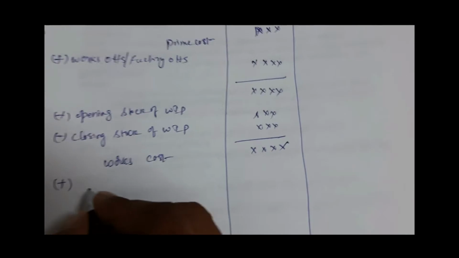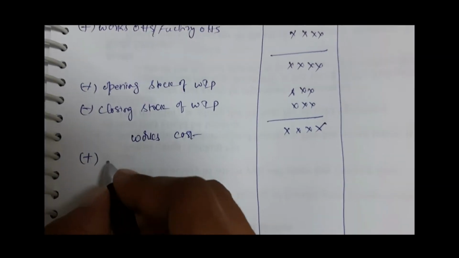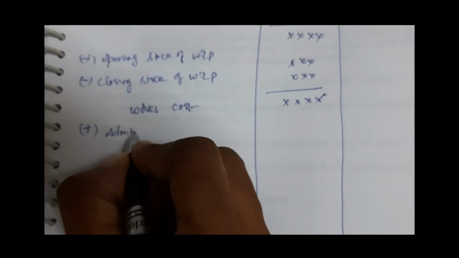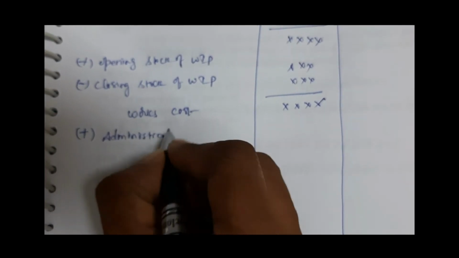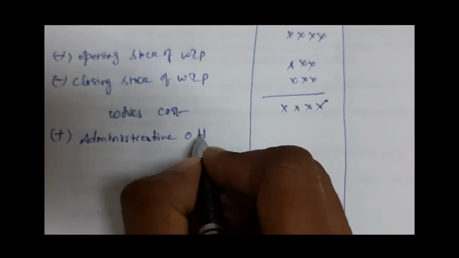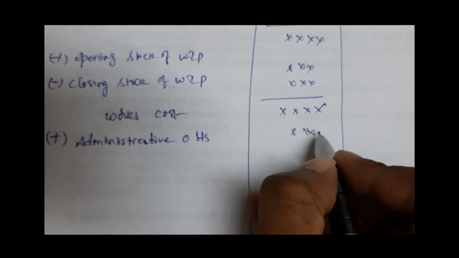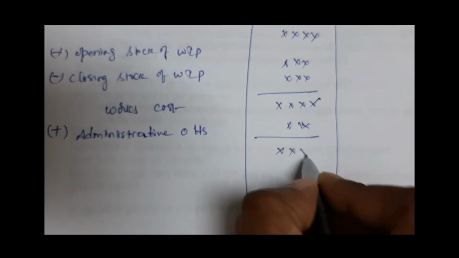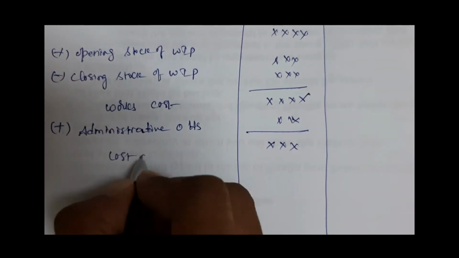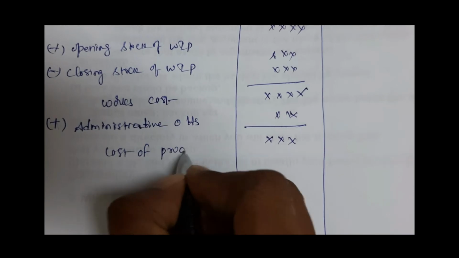And to this works cost we should add administrative overheads, and we will get cost of production.